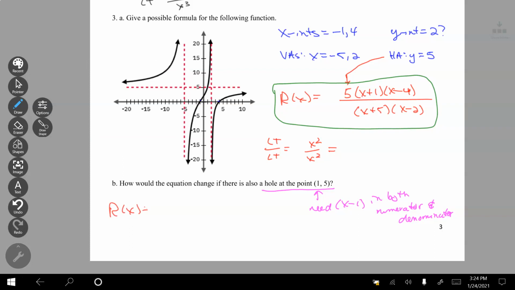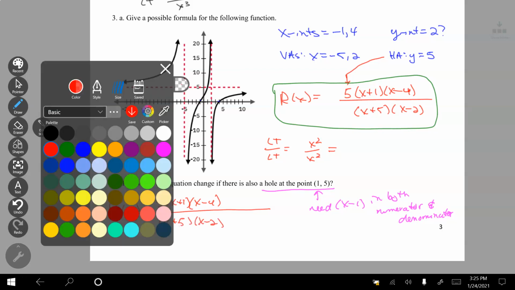R of x is equal to 5 times (x plus 1)(x minus 4) over (x plus 5)(x minus 2). But now I need to put this extra piece into it.